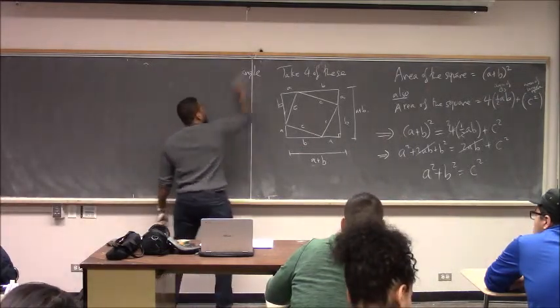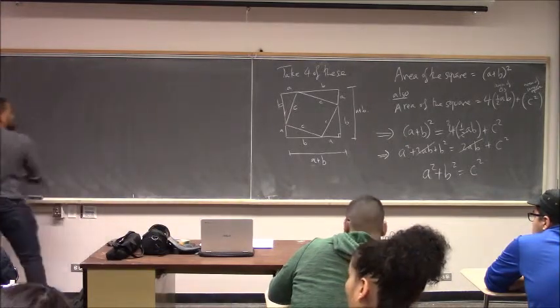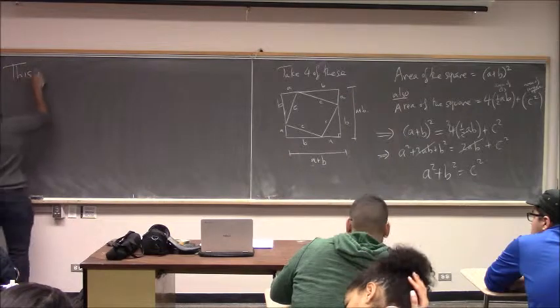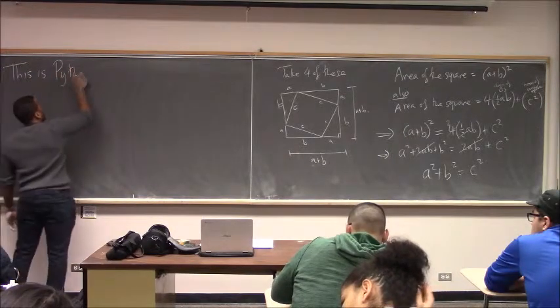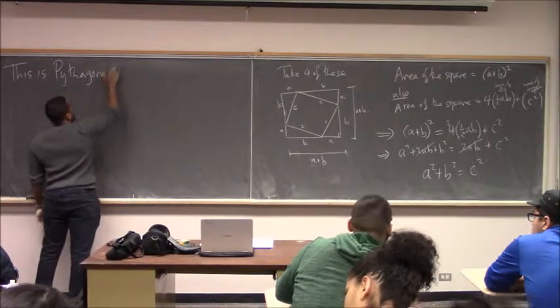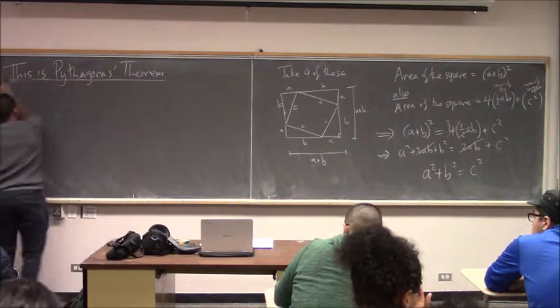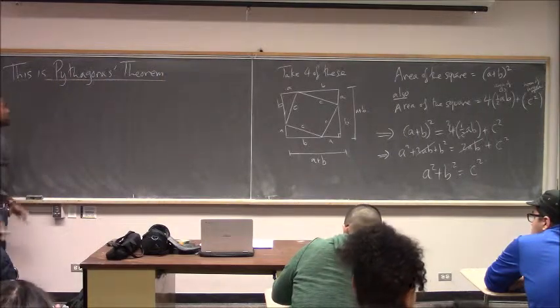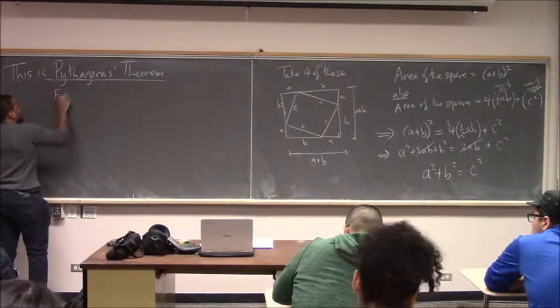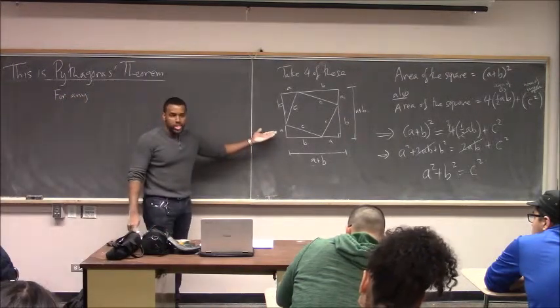Proven by Pythagoras, another philosopher. That's the name of the theorem. It says for any, and I want you to be aware that it didn't matter what particular right triangle I picked.